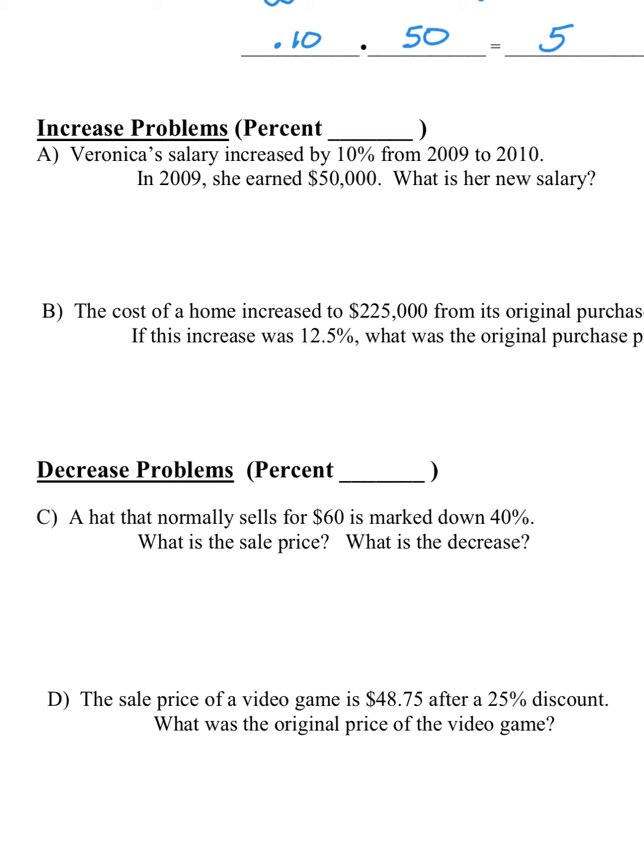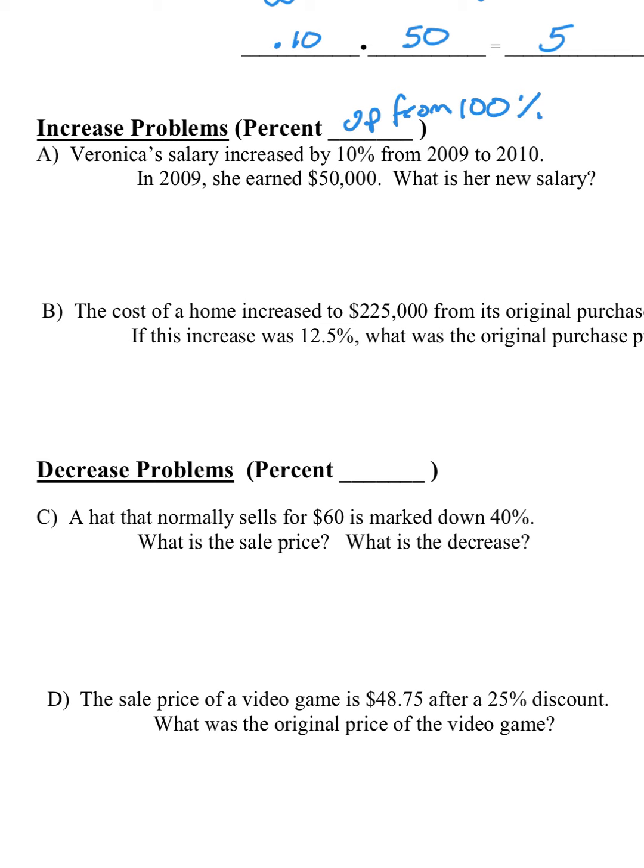Okay, so in some situations we have increase problems. What's going to happen is we are going to have a percent that is going to go up from 100%. So it says Veronica's salary increased by 10% from 2009 to 2010.